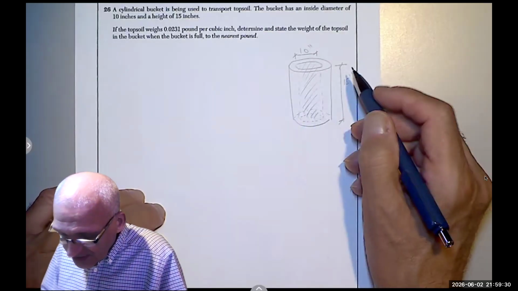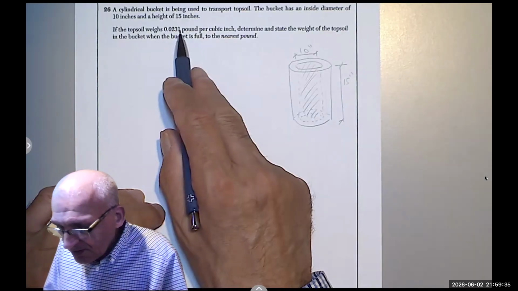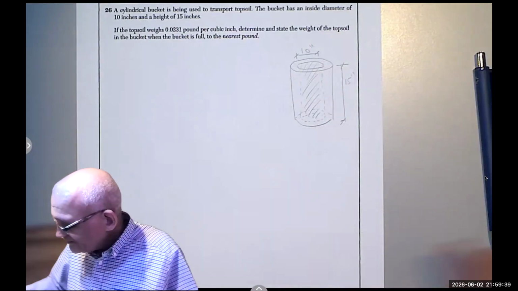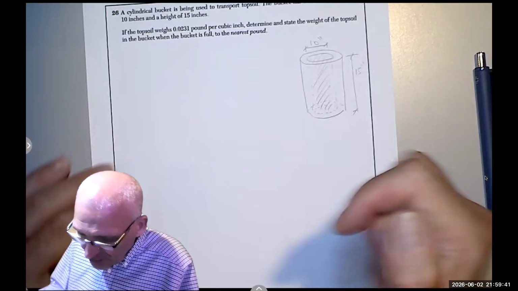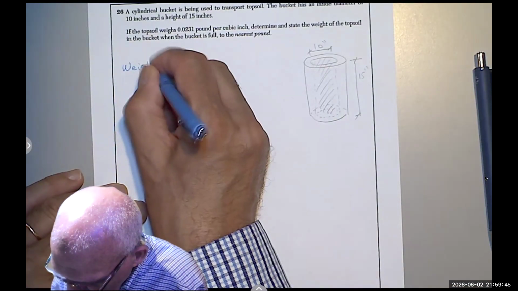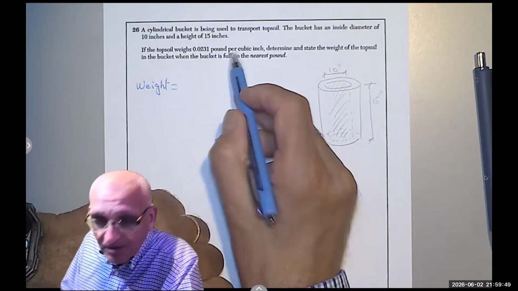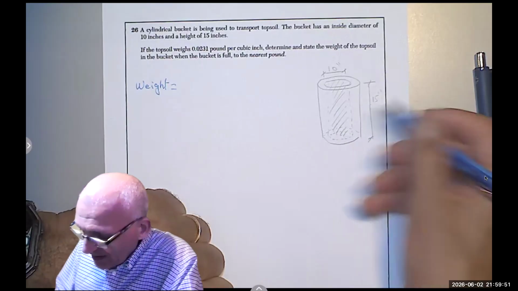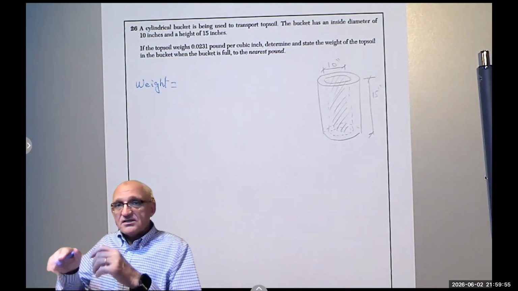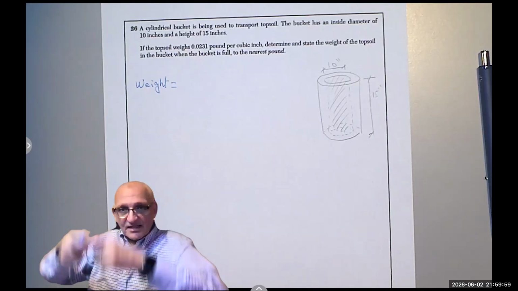The inside volume. And then the weight is 0.0231 pound per cubic inch. So first you find the volume. We can say the weight of the topsoil equals volume times weight per unit volume. So what is the volume of a cylinder? The volume of the cylinder is pi r squared, which is the area of the base, times the height.